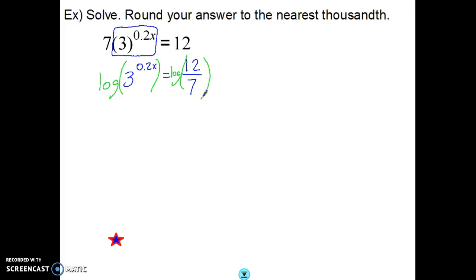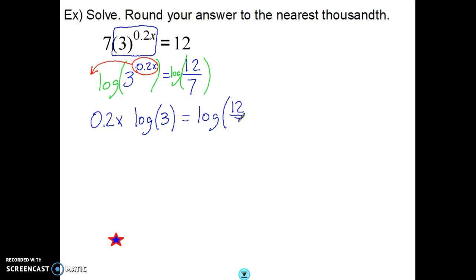Remember, the whole reason for doing this is so that we can get our variable out of the exponent, because now we can use our power property of logarithms, which says that we can take exponents inside of logs, in other words, this whole piece, and bring them out front. So to rewrite that, we now have 0.2x times the log of 3 equals the log of 12 over 7.